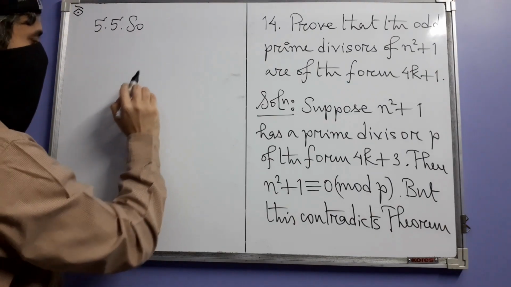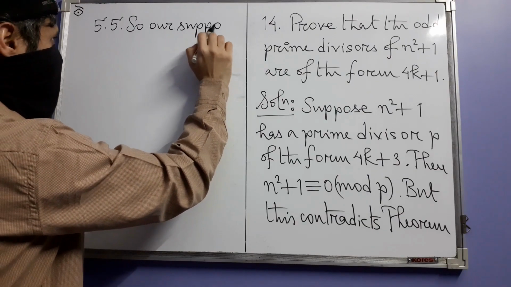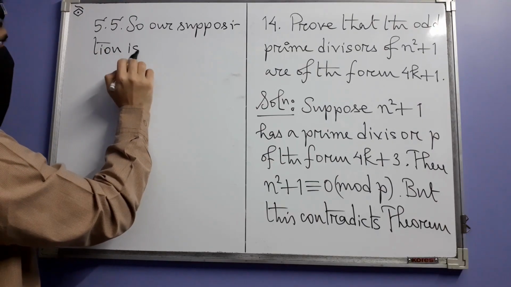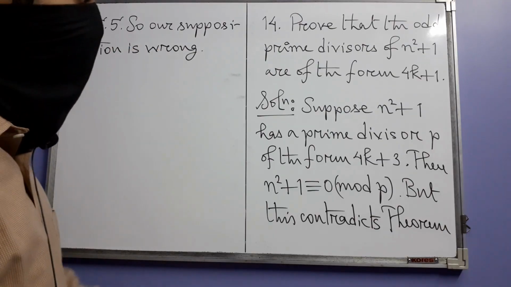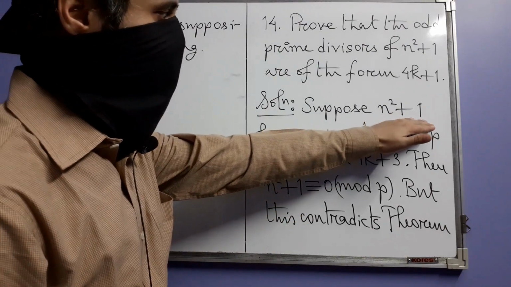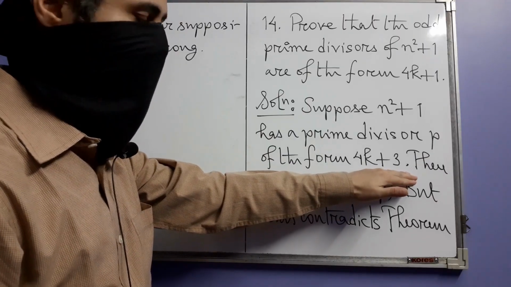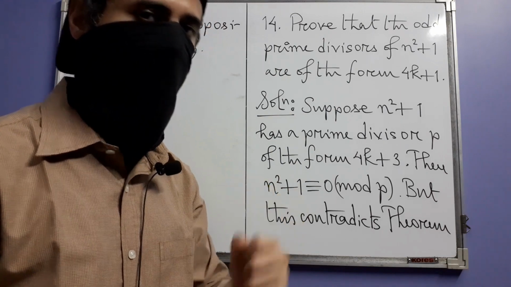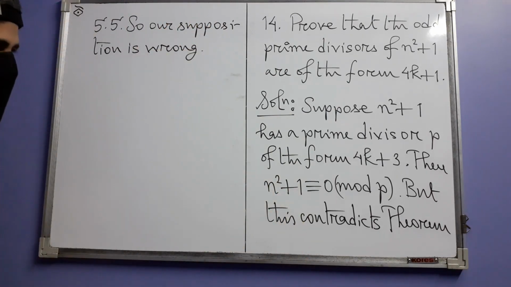So our supposition is wrong. That means no odd prime divisor of n square plus 1 can be of this form. However, then it has only that other available form, namely 4k plus 1. So there you have the solution.